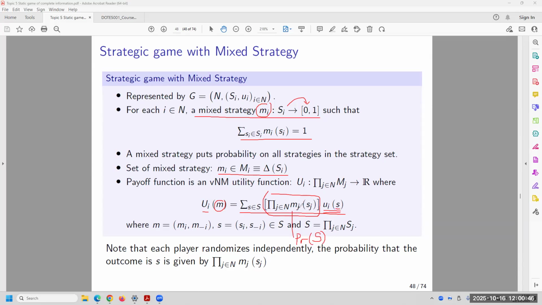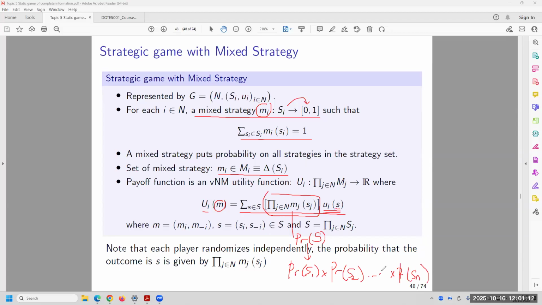Because this is independent. Everyone has their own dice. Everyone has their own randomization device, and then it's a product, right? Because the probability of S is the probability of S1 times the probability of S2 and so on, times the probability of Sn.